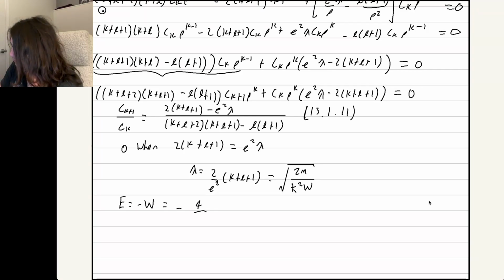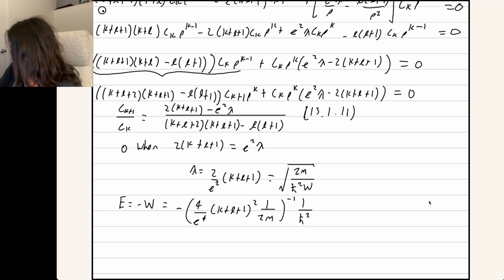4 over e fourth times k plus L plus 1 squared. You'll divide by 2m. You'll take the inverse and then divide by h bar squared. So, okay, simplifying that, it's going to look like 2m e fourth, minus sign, and then divided by 4 times k plus L plus 1 squared h bar squared.